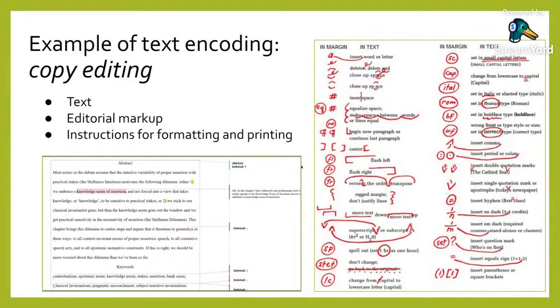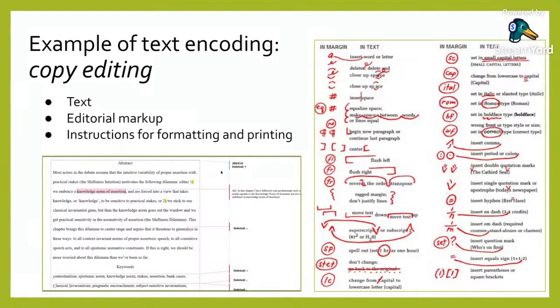And this is a more familiar practice of text encoding because when editors mark up a manuscript, whether it's with squiggly, incomprehensible marks or nice and neatly in a text editor like this, they add some sort of symbols and annotations that provide instructions about the text.